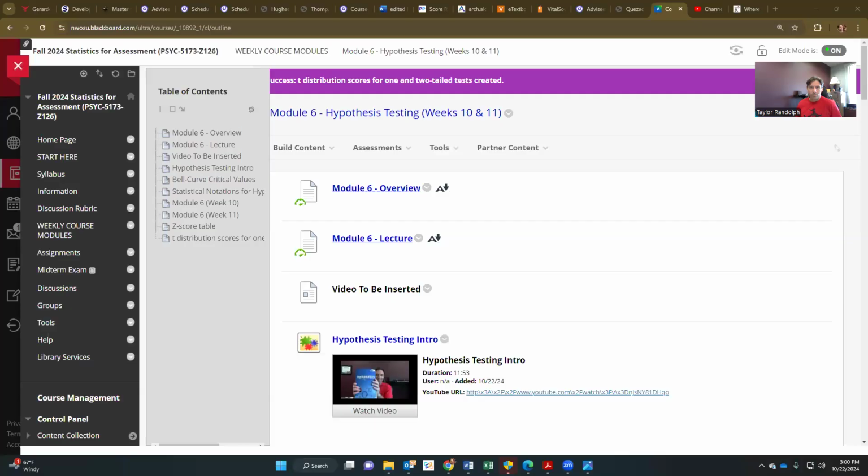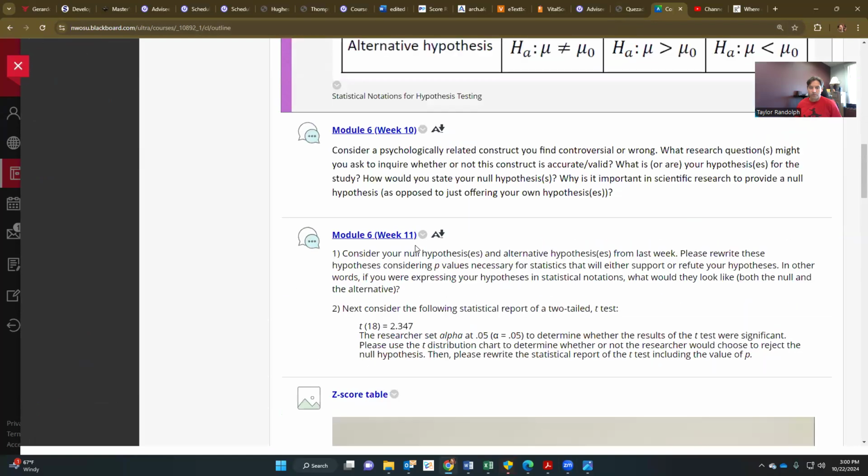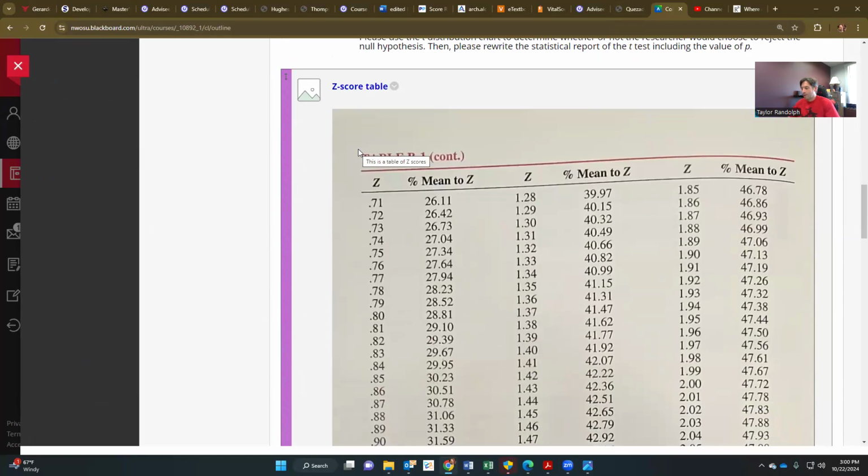And what I've done is I've shared some information with you that helps explain that. So if you go now to our class module and you scroll down to the z-score table, it's actually taken from this textbook that helped me understand stats.